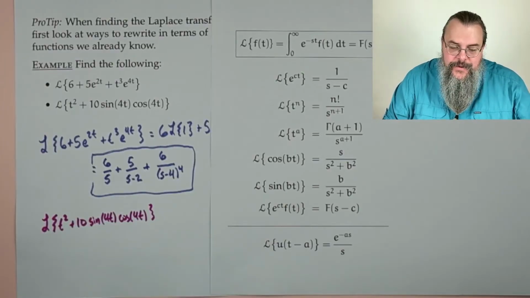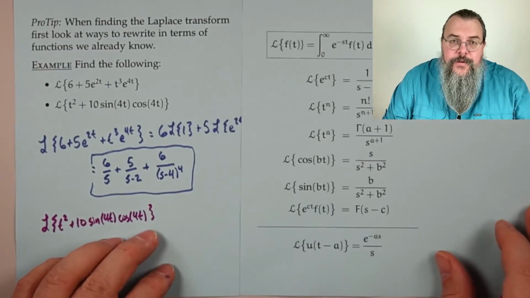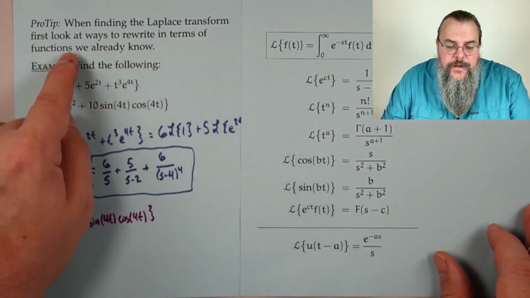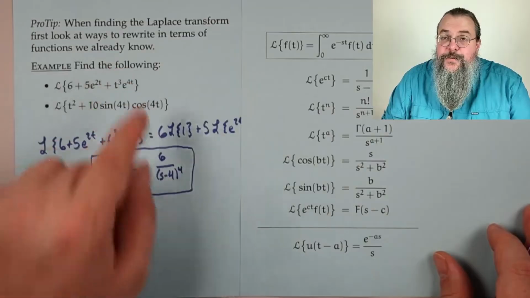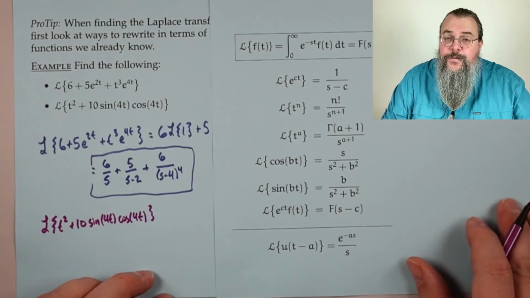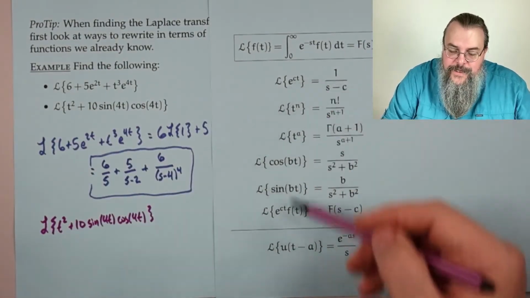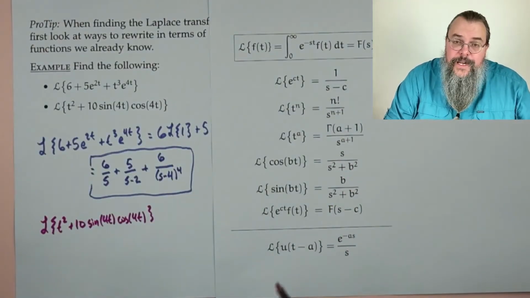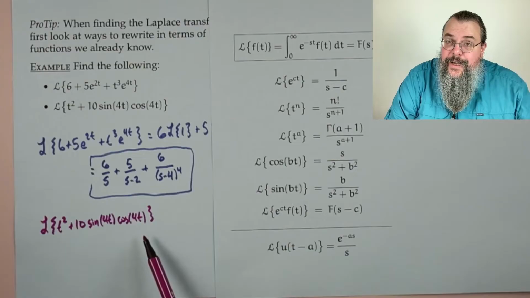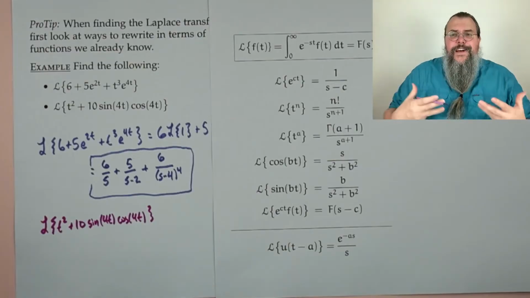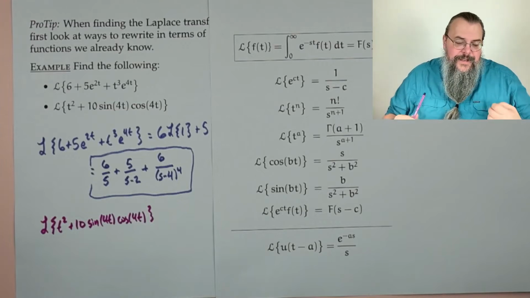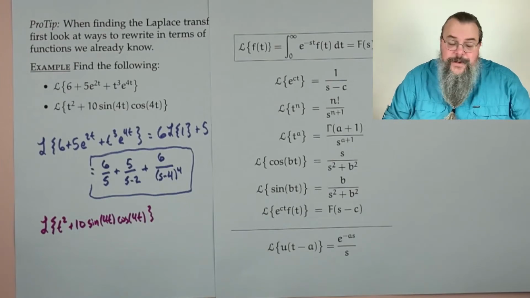But there was this tip. Do you remember that? When finding the Laplace transform, look at ways to rewrite in terms of functions we already know. So we say, okay, well, right now we're kind of stuck. But we start saying sine, cosine, there's identities. And is there a good one for us?